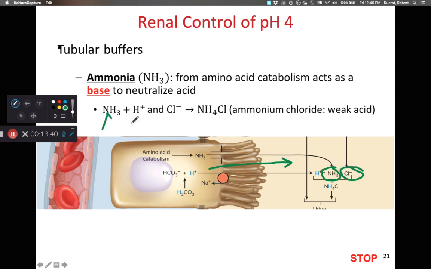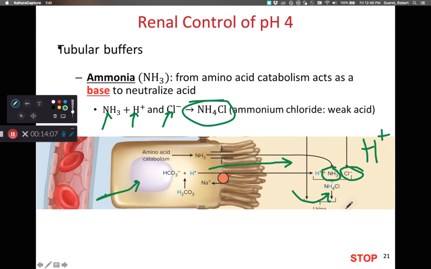So if we have an ammonia plus a hydrogen plus a chloride, we get ammonium chloride, which is a very weak acid. And we have a net result of losing one hydrogen ion from the inside of the cell and adding one hydrogen ion to the urine, so that we're losing hydrogen ions from the body when we urinate.